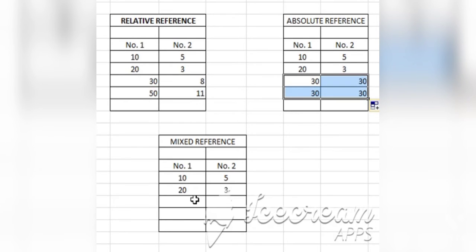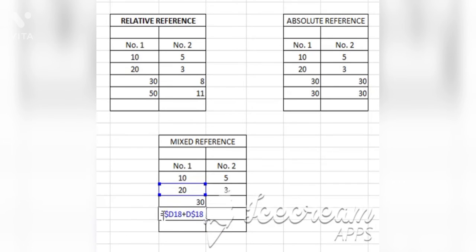Now in mixed reference, we can use either one dollar sign before the row or before the column. So one dollar sign here. Same. We will go for the next one.